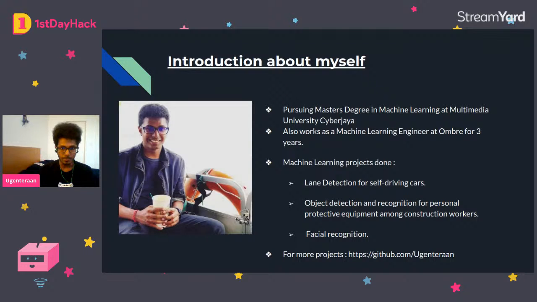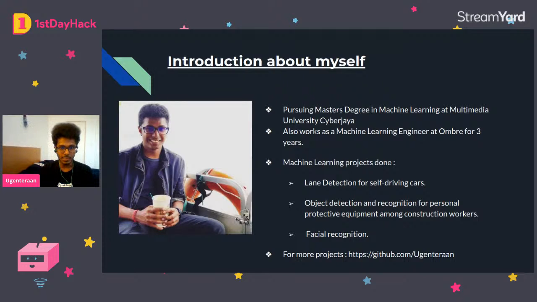Some of the machine learning projects that I've done are lane detection for a self-driving car. It was a prototype of a self-driving car, and I'm the one that did the computer vision part for it.